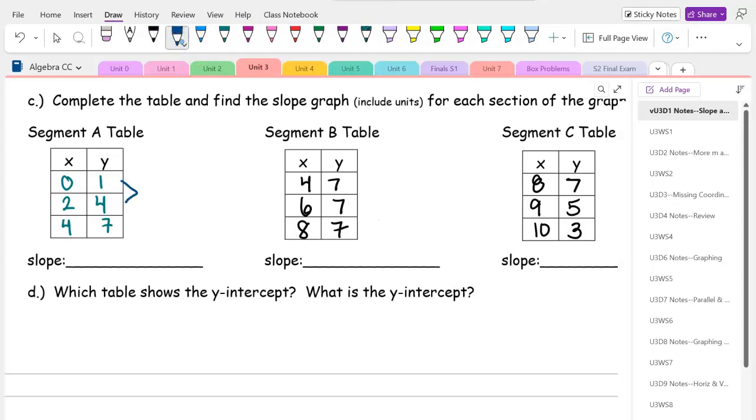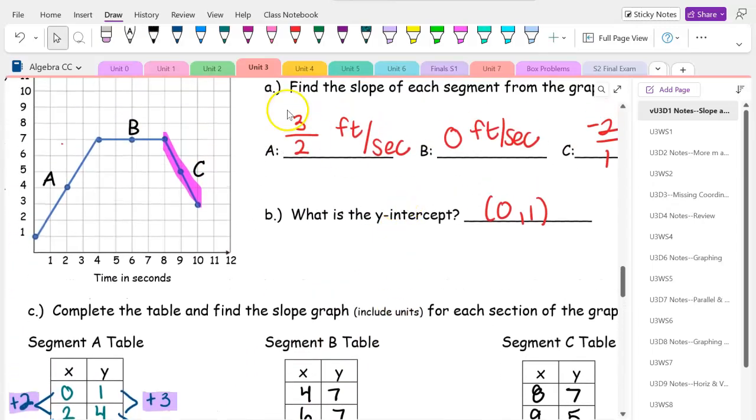So 1 to 4 is plus 3, 4 to 7 is also plus 3, 0 to 2 is plus 2, 2 to 4 is plus 2. And again, slope is change in y over change in x. So you do your y jumps divided by your x jumps, and you get that exact same 3 over 2 that we did above.